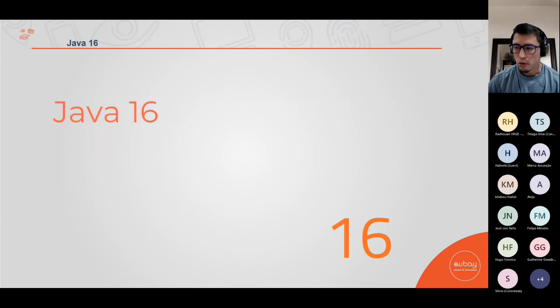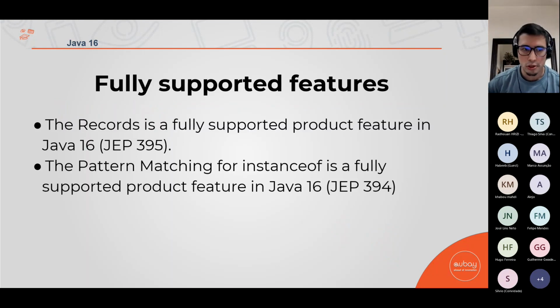So, okay, now we'll talk about Java 16. In Java 16, now we have some fully supported features. So be careful now. I showed you a lot of things like records and pattern matching, and they were preview, okay? What does this mean? This means that you are able to use it, but it's not a fully supported product feature.